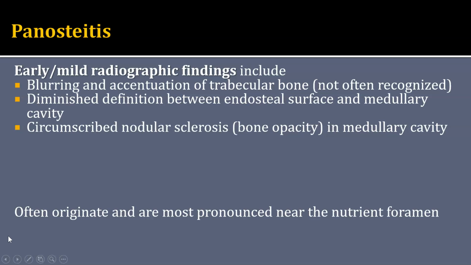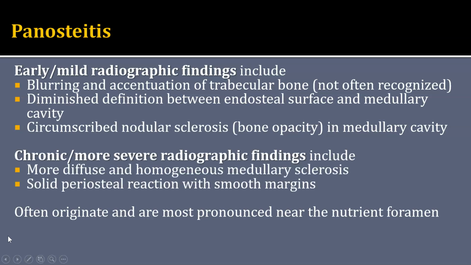So the word sclerosis referring to increased bone opacity. And the more easily recognizable early or mild findings are circumscribed nodular regions of sclerosis or bone opacity in the medullary cavity. One thing to keep in mind is that oftentimes this likes to originate or be most pronounced near the nutrient foramen of the affected bone.